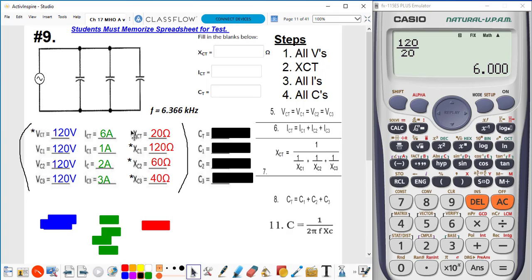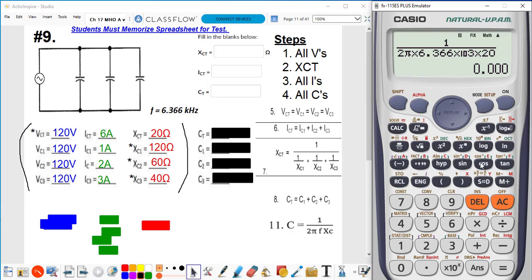Now that we found all of those values, we're going to use formula number 11 to find our total capacitance. So that's going to be 1 over 2 shift, hit your exponent key for pi, times our frequency of 6.366 times 10 to the third times our 20 ohms.